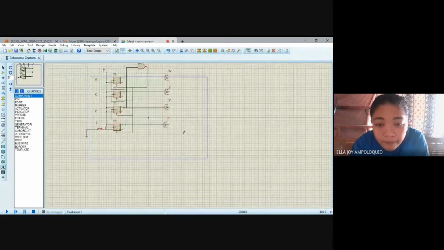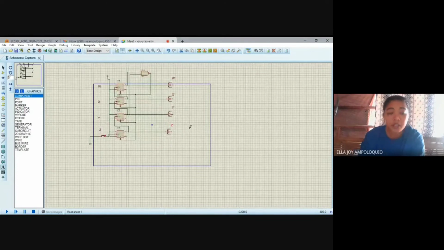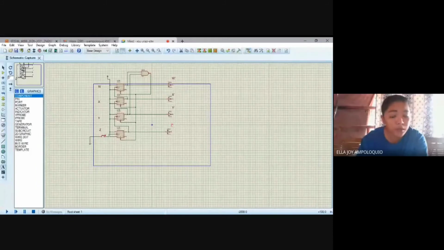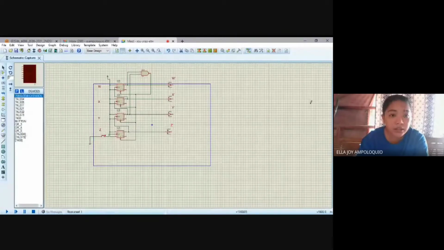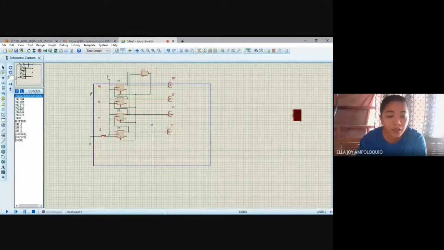Now, since I have the equation, for me to easily connect these gates to the different 7 segment, I will put first the 7 segment here, and then the equation of every letter from A to G, so that it is easier for me to connect.